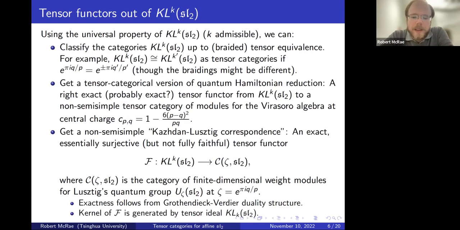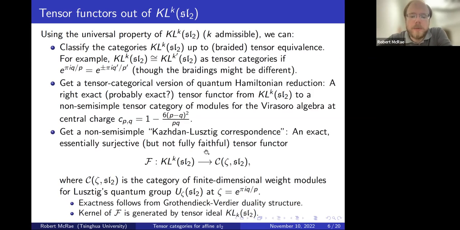In the case of Kazhdan-Lusztig's papers, they proved equivalences of categories along these lines. In this case, we definitely don't get an equivalence because KLK is not rigid, but the quantum group category is a rigid tensor category. So we can't possibly get an equivalence of categories, but we can get a tensor functor which is essentially surjective. It's just not going to be fully faithful.